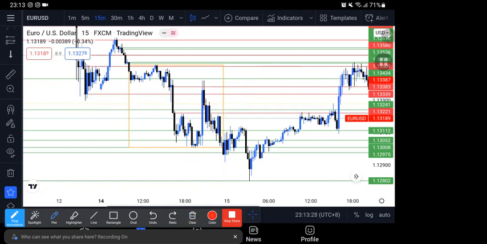Okay, so we just repeat the same thing. Getting entry, wait for breakout, and another entry, and wait for another breakout, another re-entry, until there is no breakout. So for international student, you have any question?